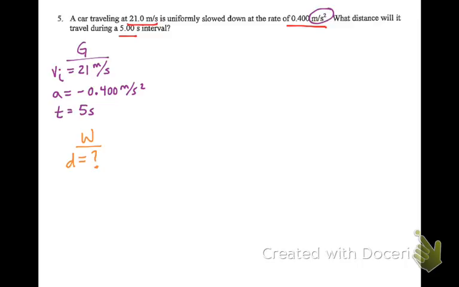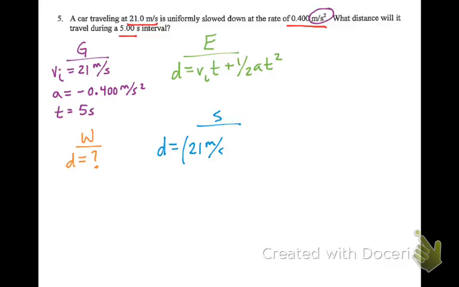So what equation are we going to use? Yep, it's my favorite, I know. d equals vi t plus 1/2 a t squared. Let's substitute everything in. So we get d equals 21 meters per second times our time of 5 seconds, plus 1/2 times our deceleration of negative 0.4 meters per second squared, times our time of 5 seconds squared.